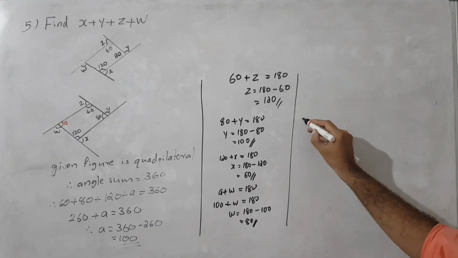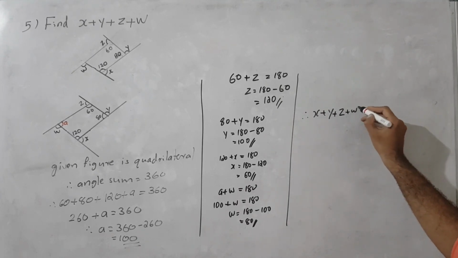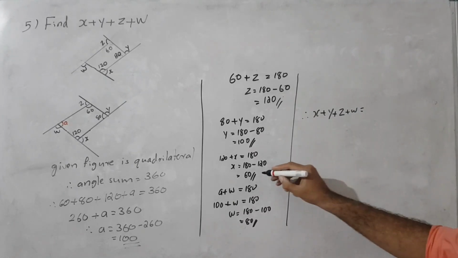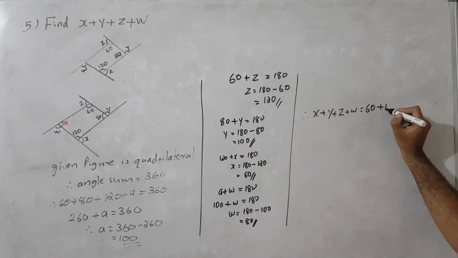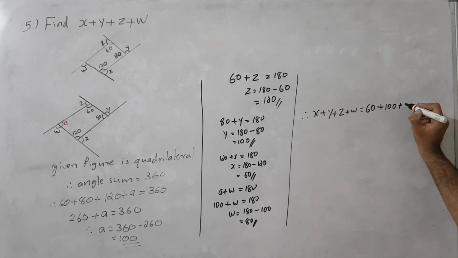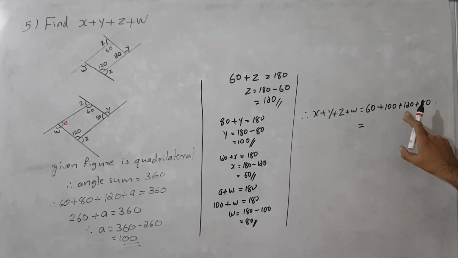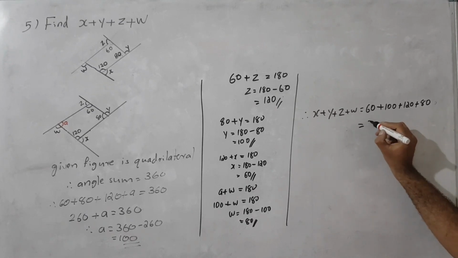Next we find the value of x plus y plus z plus W. The x value is 60, plus y value is 100, plus z value is 120, plus W. 60 plus 100 is 160, 160 plus 120 is 280. Correct? 280 plus 80 is 360.